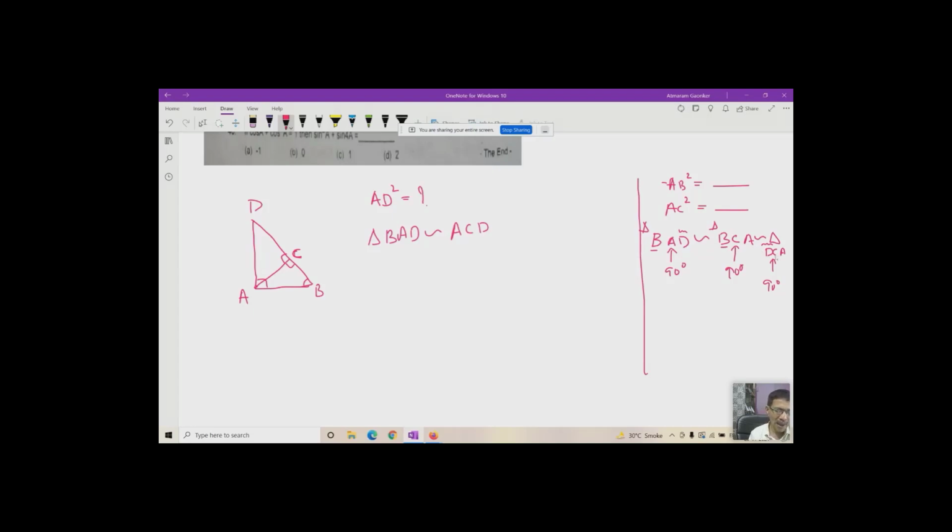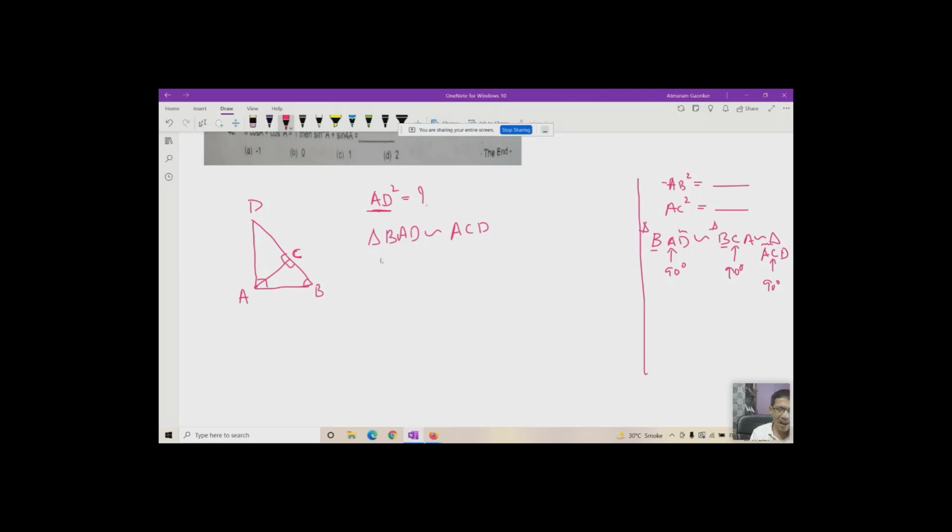I will make this as ACD. D is common. So D and D are common because in both these triangles AD is common, and we are asked the value of AD square.